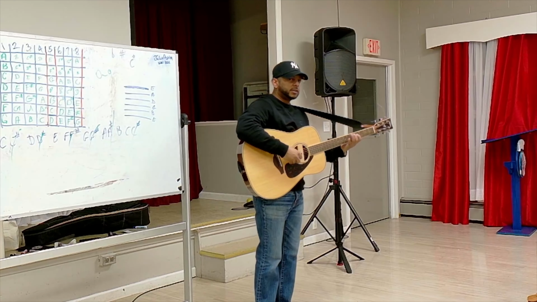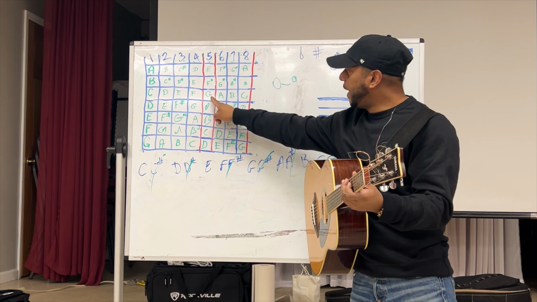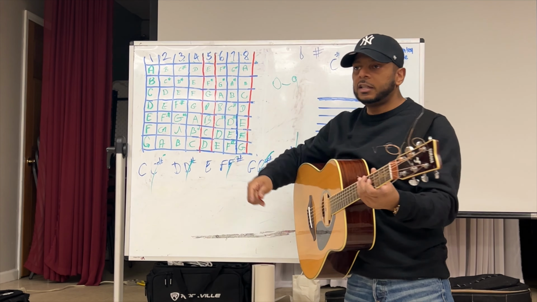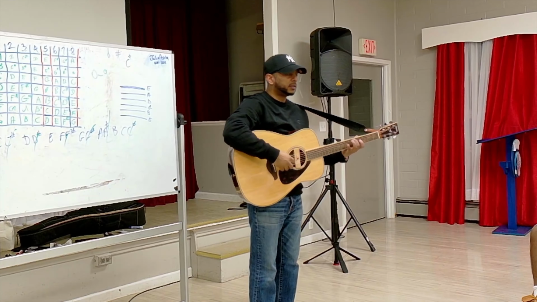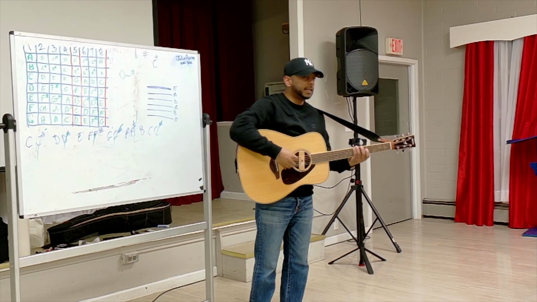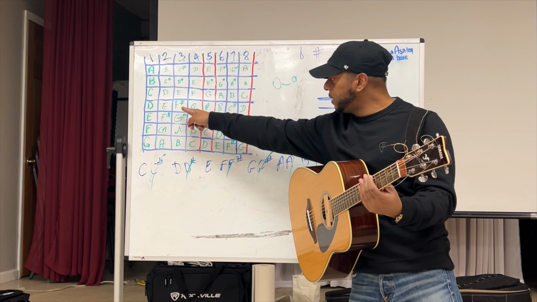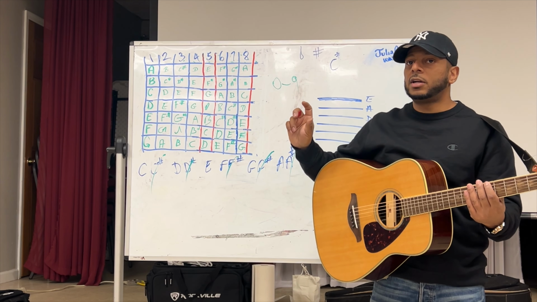Amazing Grace. I just played 5, 1, 3, 2, 1, 3, 2, 1, 6, 5. I'm in the key of D, so these are the notes that I just played, the numbers I just called out.